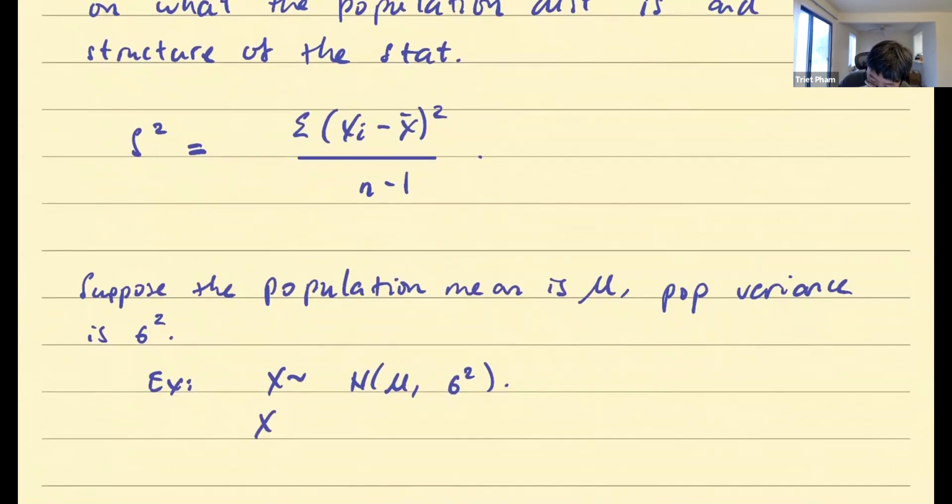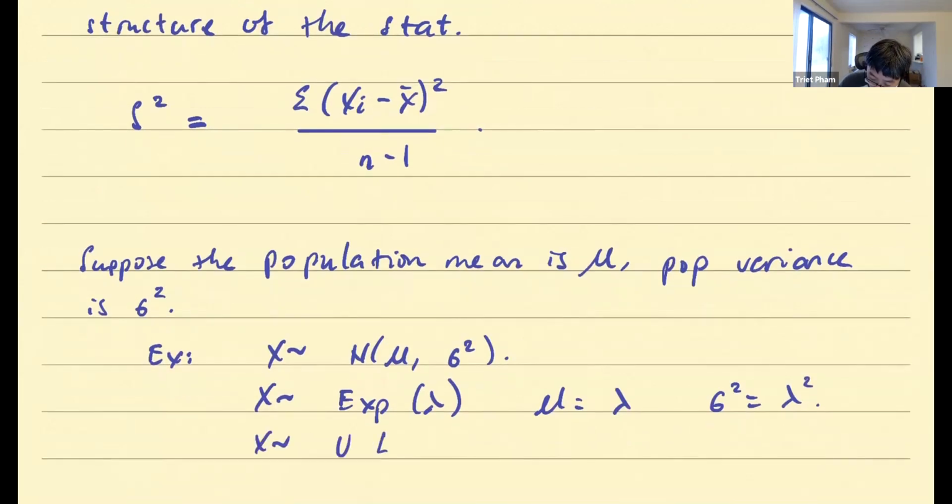But if X is exponential lambda, then, following the text, mu is lambda and sigma square is lambda square. So by mu and sigma square, we just denote the generic population mean and variance. They can be cast back to the parameters depending on exactly what the population parameters are.